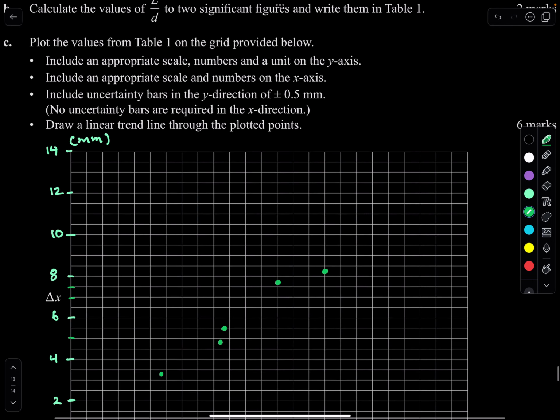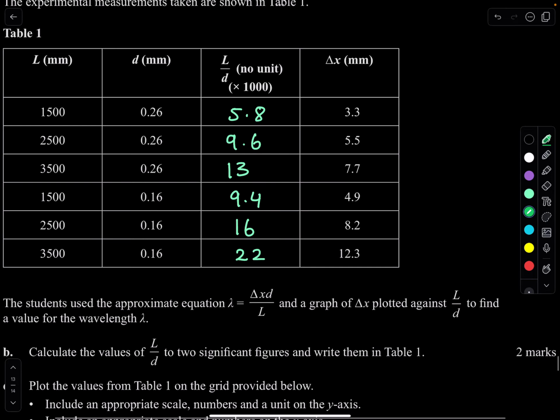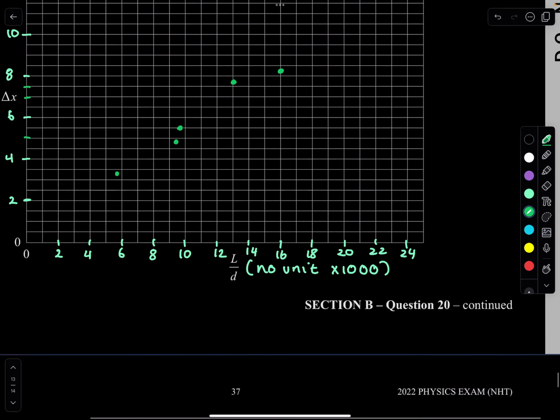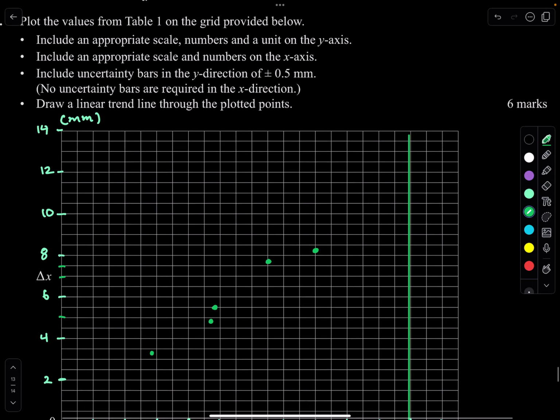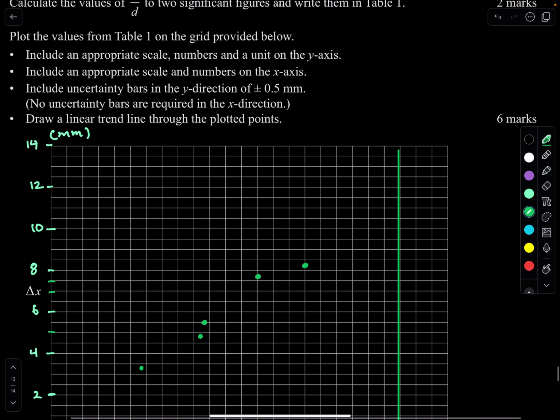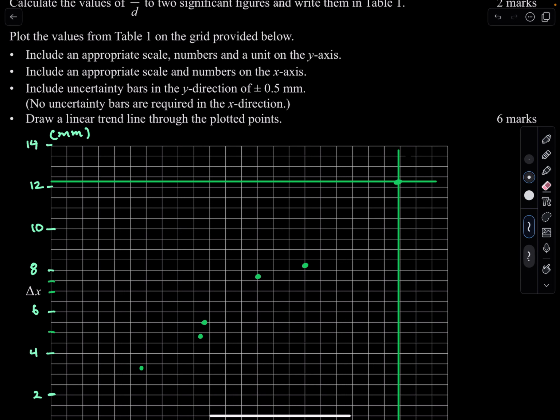That's because 8.5, 8. Yep, that was good. 22. So 22 is basically here. So 22, 12.3. So 12 here, that's 13, so 12.3 is around here. Basically, so around here. I'm going to rub these out now.